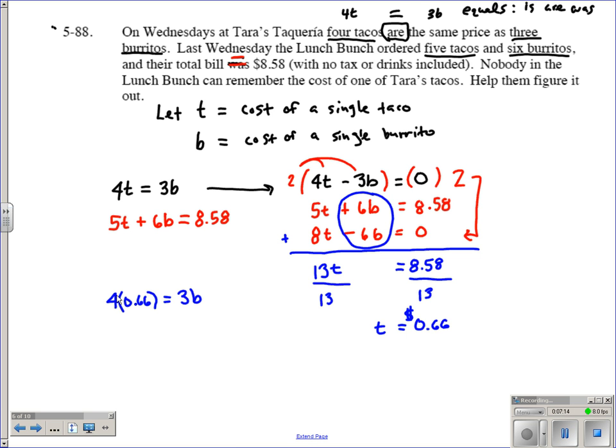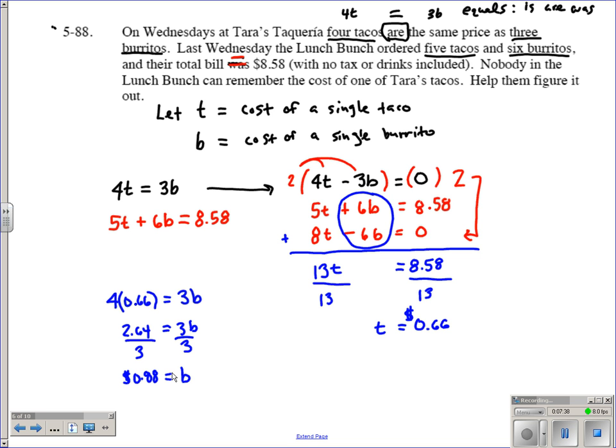Well, 4 times 66 cents should be $2.64. That equals the cost of 3 burritos. So each burrito should cost us 88 cents. I did that just by doing $2.64 divided by 3.